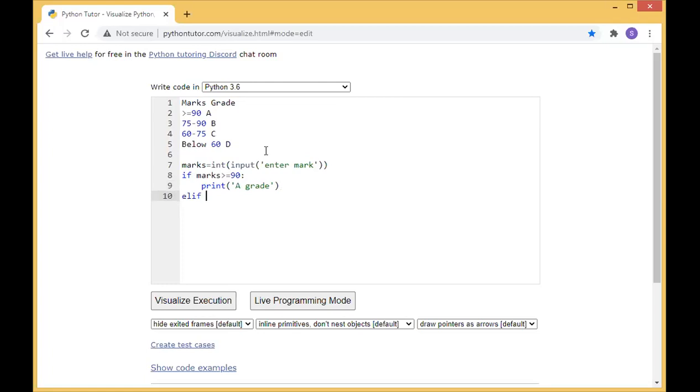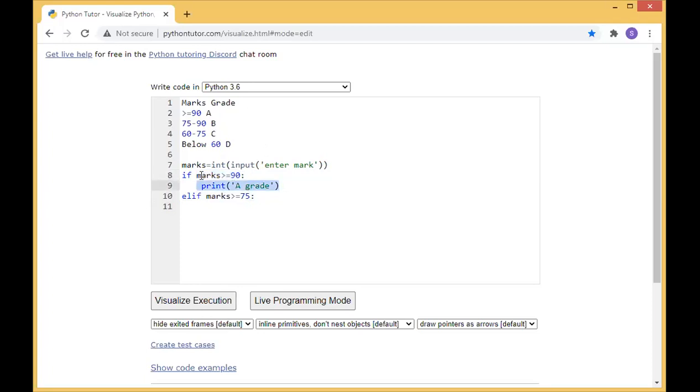Elif marks, what is the condition? Greater than or equal to 75. 75 to 90, so greater than or equal to 75 means definitely it will be like 75 to 89, because if marks are 90 or more, definitely it will print A grade.